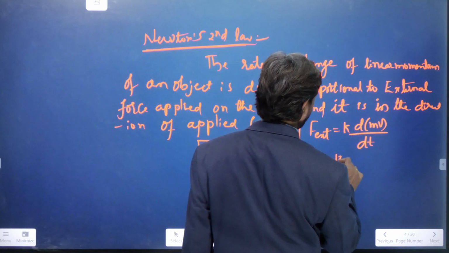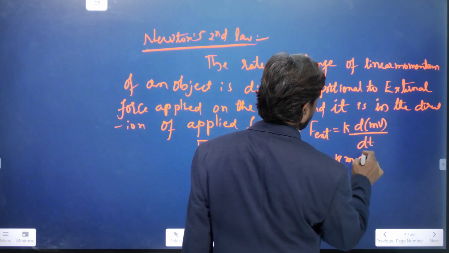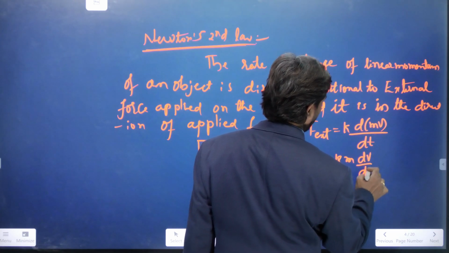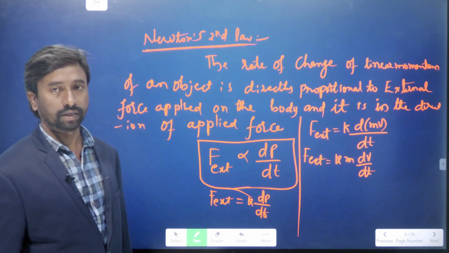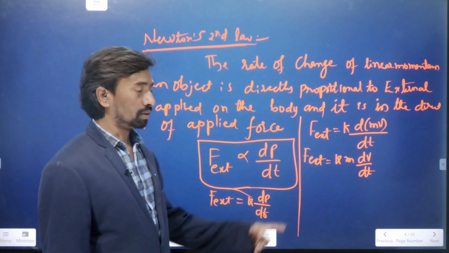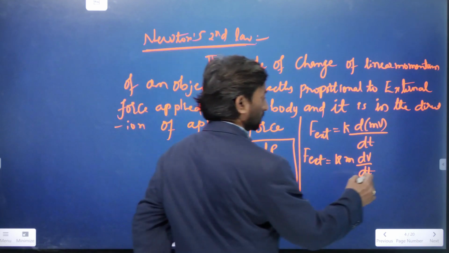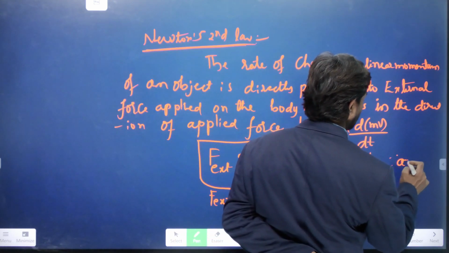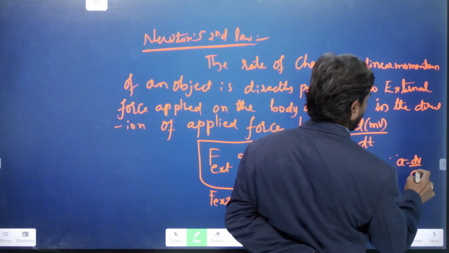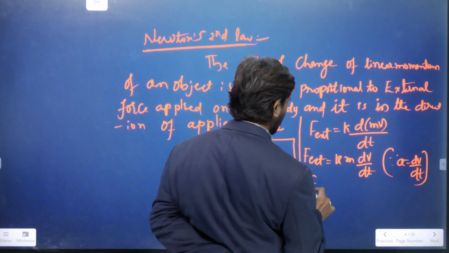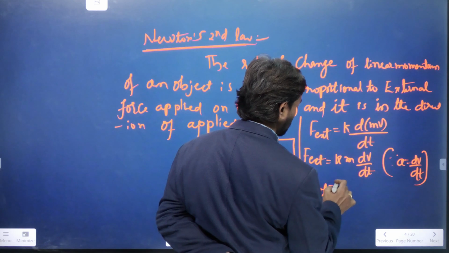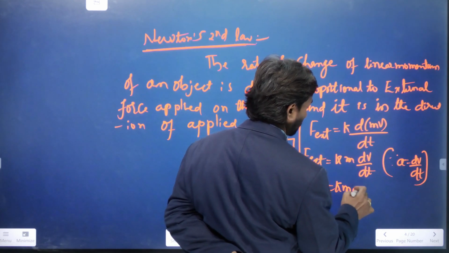It can come out of the differentiation, leaving dv by dt. We know dv by dt is the instantaneous acceleration. The rate of change of velocity is called acceleration. Since a is equal to dv by dt, F external can be written as k into m into a.